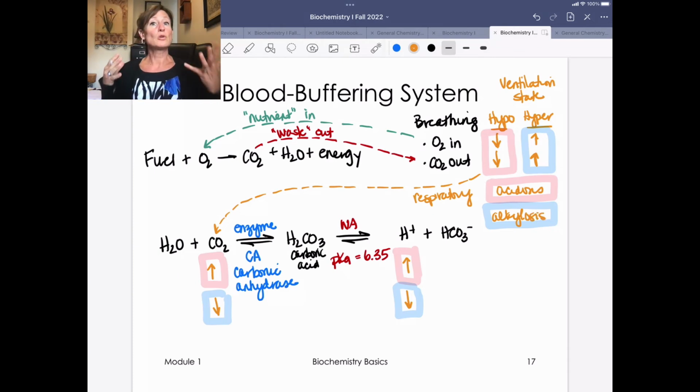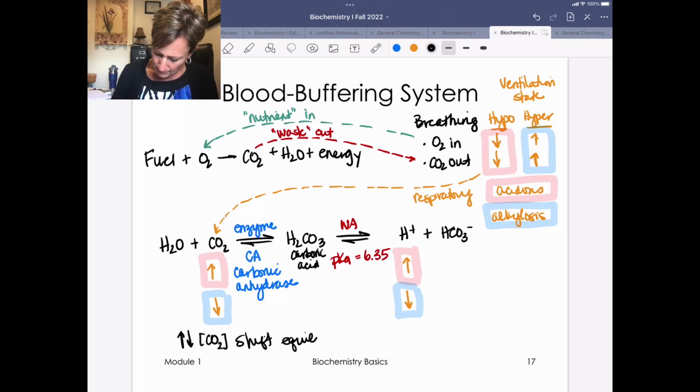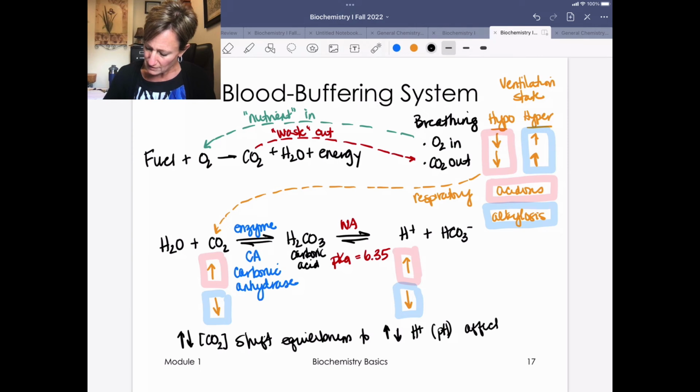An important thing to recognize is that your breathing, in affecting your carbon dioxide levels, can affect your blood pH. Summarizing that, we can have increases or decreases in carbon dioxide concentrations, and that is going to shift our equilibrium to either increase or decrease our H+ concentration and correspondingly the pH, and so this is going to affect blood pH.